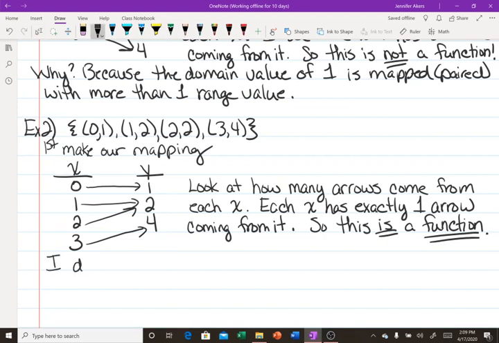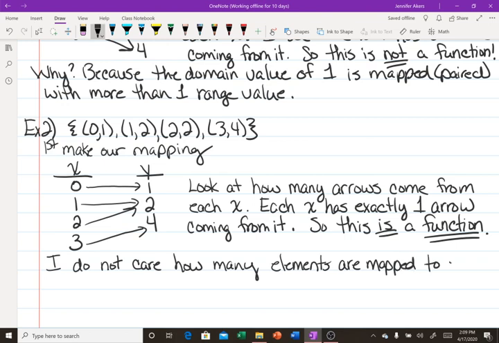I do not care how many elements are mapped to each y.